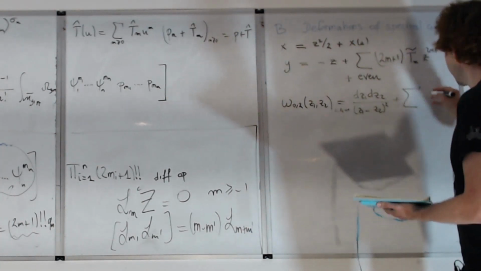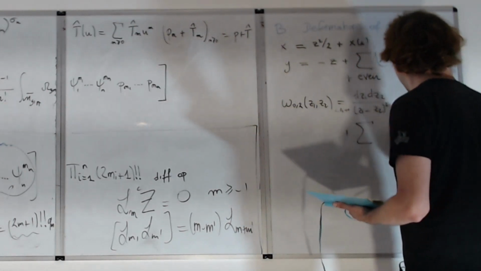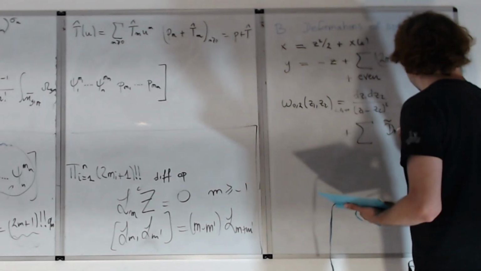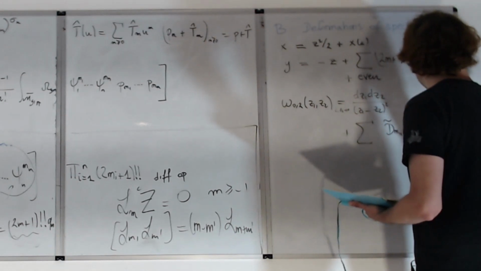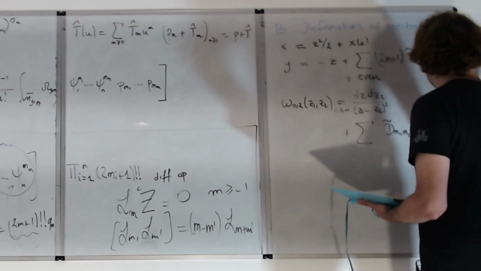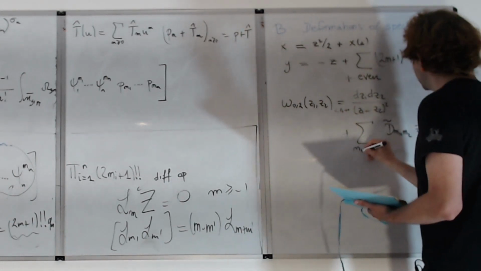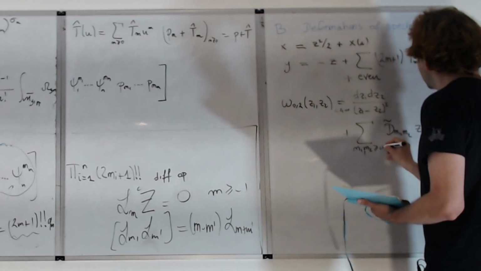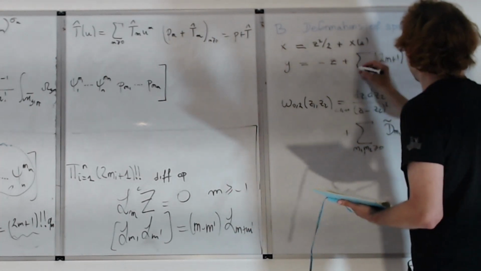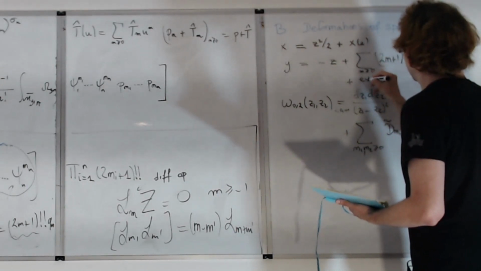And here we will see, so what I will call d tilde m1, m2, z1 to the m1, z2 to the m2, dz1, dz2. So here I had my sum over m, positive plus even part.